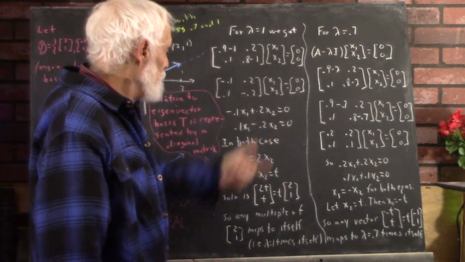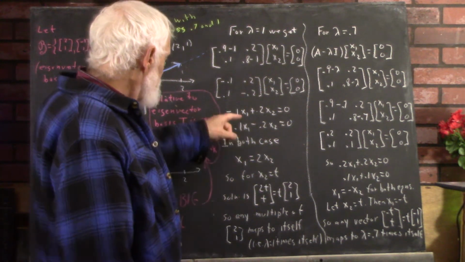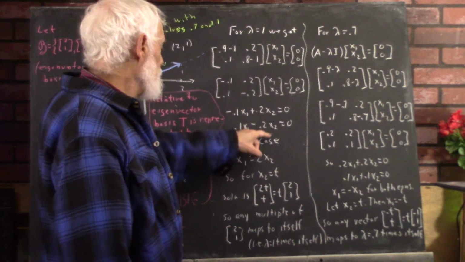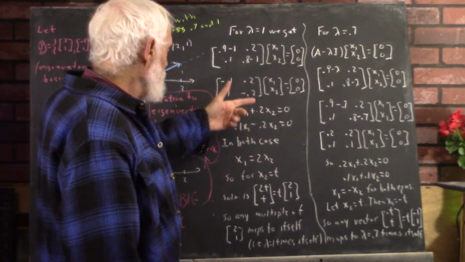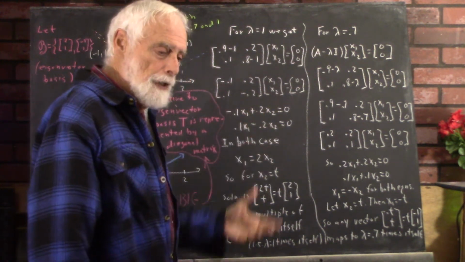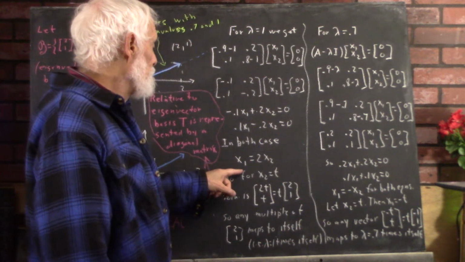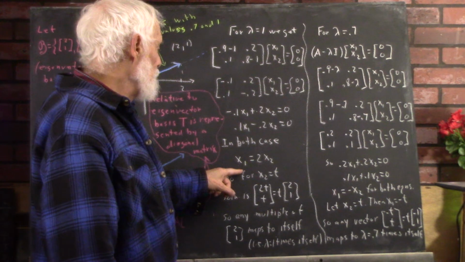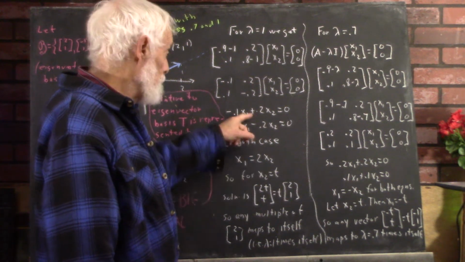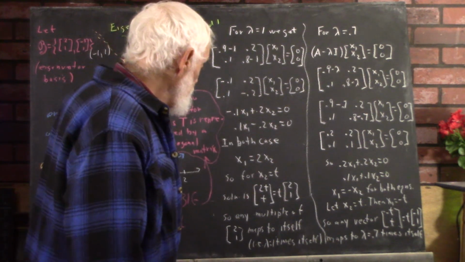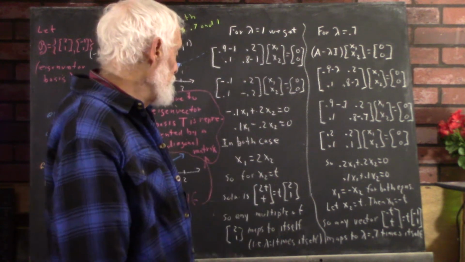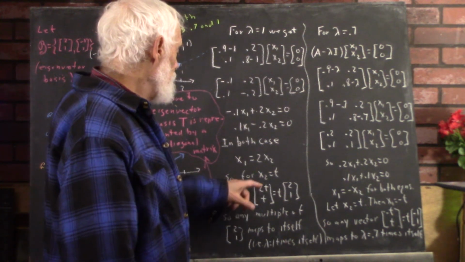And we write out the two equations, and we get two equations that are identical except one is the negative of the other. They have exactly the same solutions. And in both cases, x1 equals 2x2, as you can easily verify. So for x2 equal t, the solution is 2t.